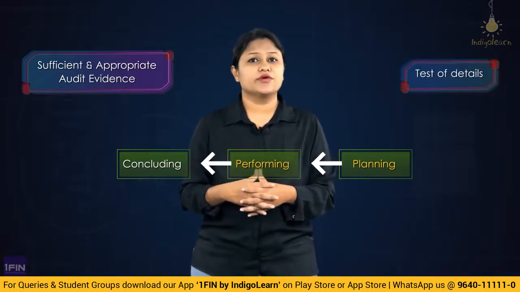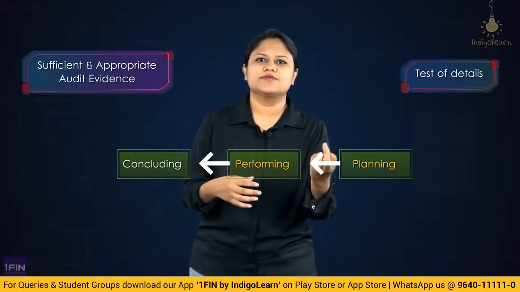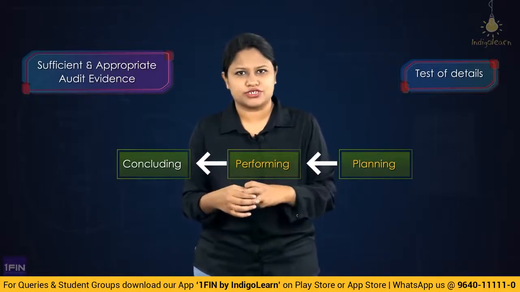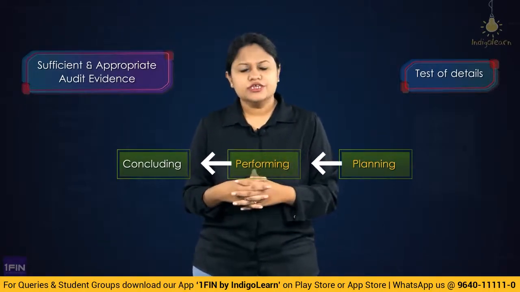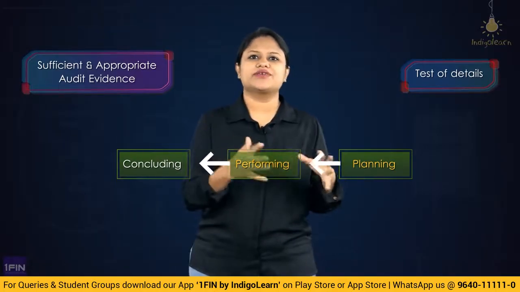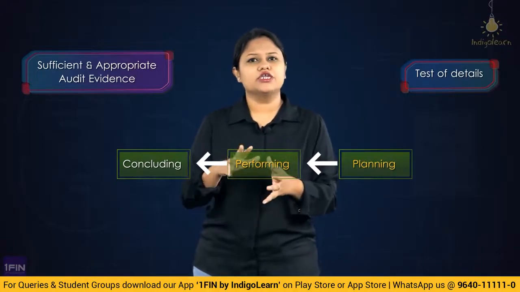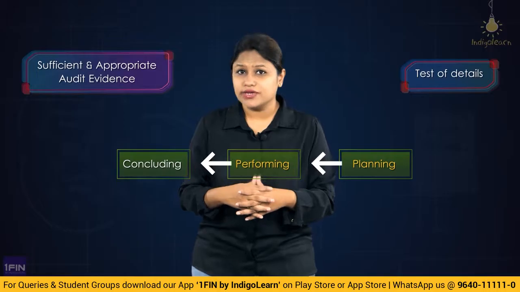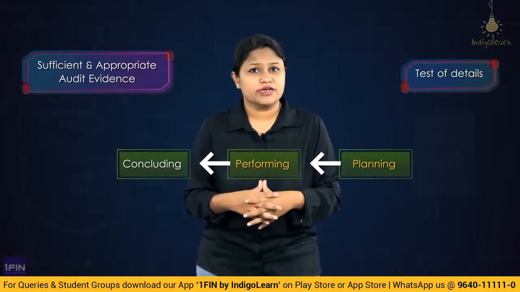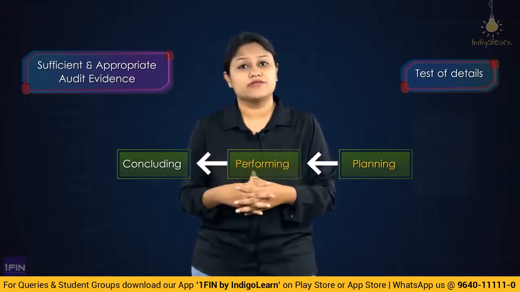For example, if we have performed analytical procedures on one of the components, and they give us some kind of unreasonable fluctuation, like for example purchases. When you are checking purchases and you created some kind of relationship or saw the trend of the past years, you realized there is some unreasonable or unusual fluctuation. So now you realize that purchases have to be checked in detail. This will enable the auditor to decide how much substantive procedures, that is tests of details, he has to adopt.